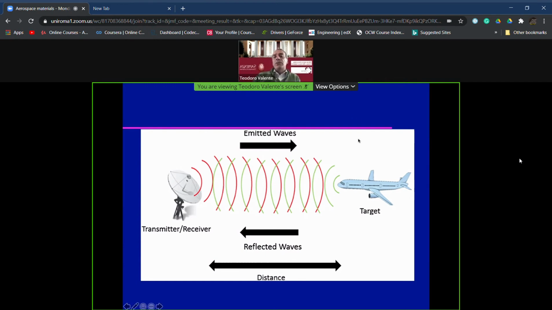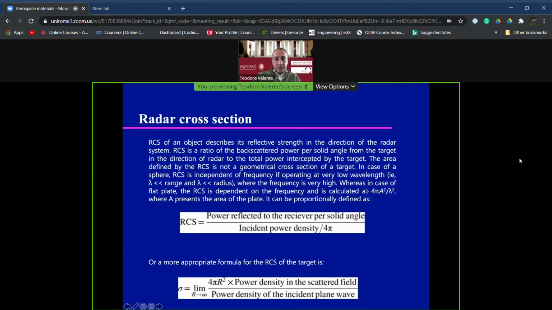So if we want to reduce detectability, we need to more or less suppress, let me say, the green wave, which is given back, we say in a correct way, which is back scattered by the flying target.